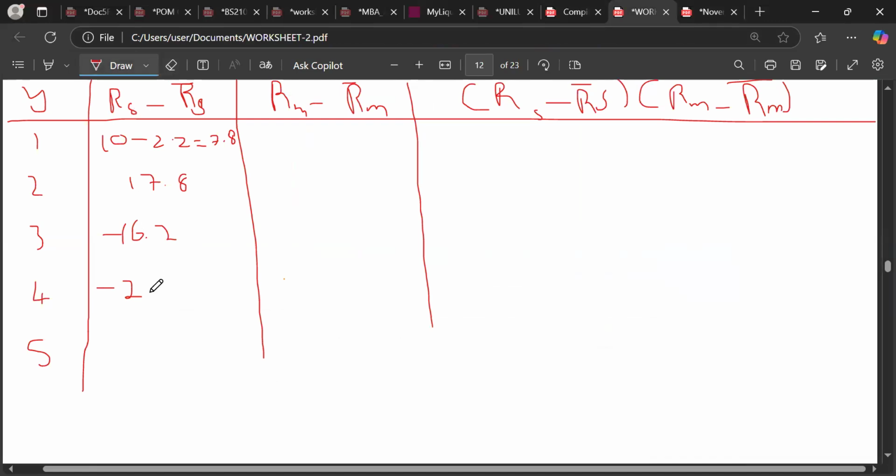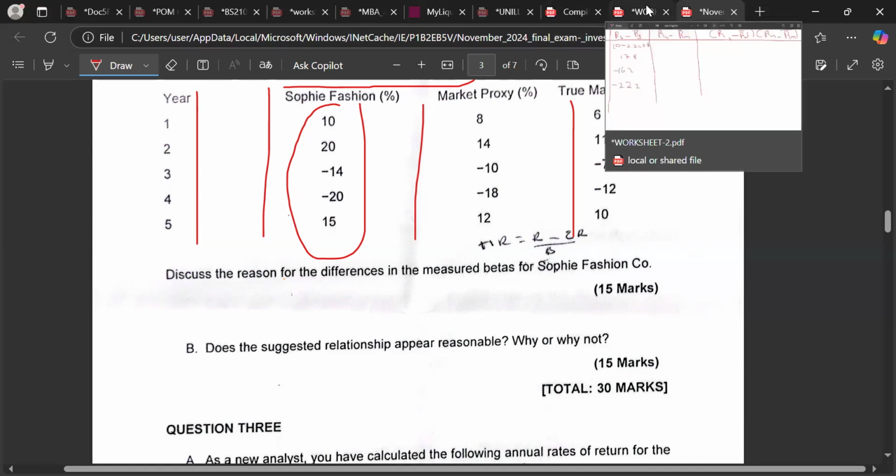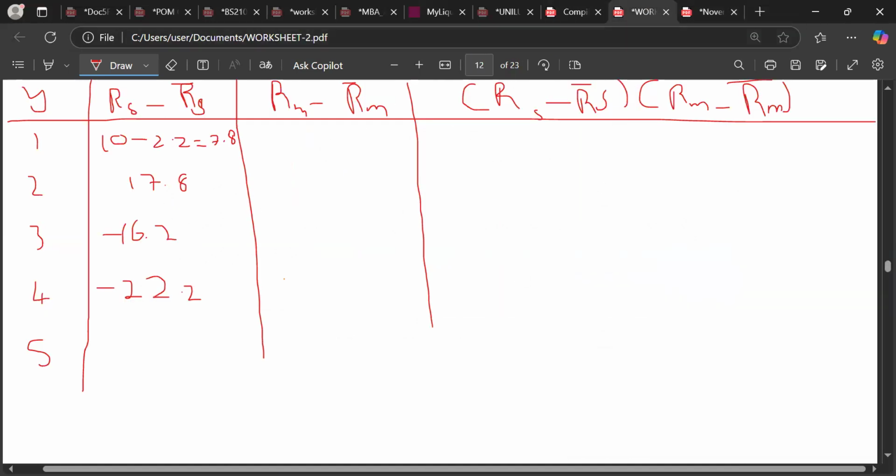And the last one is 15 minus 2.2, which gives us 12.8 as our return here.